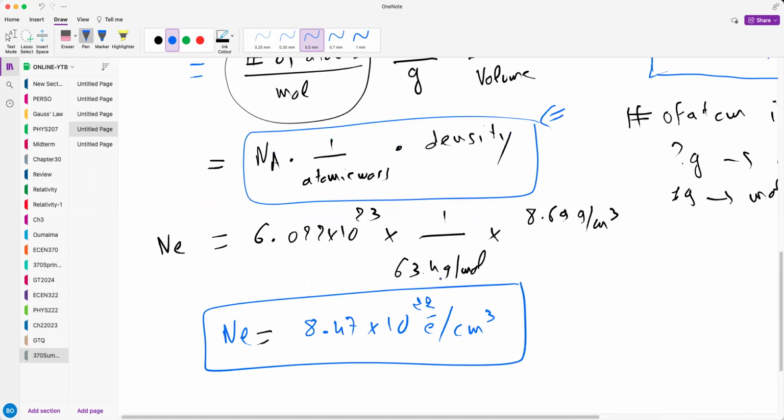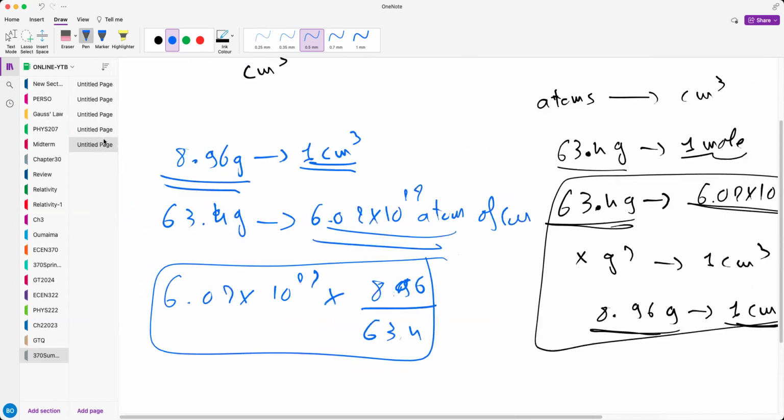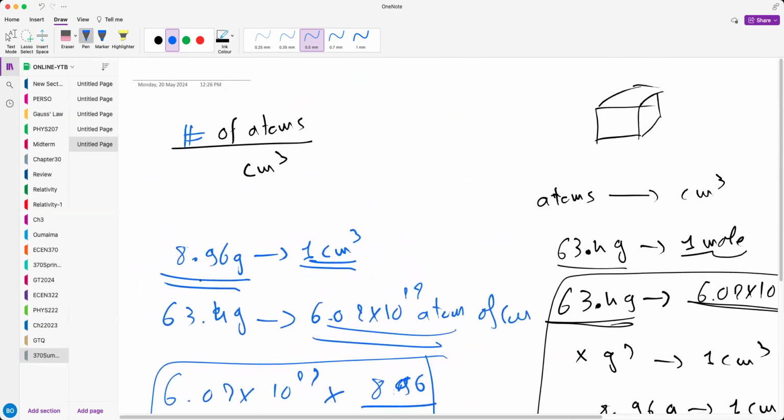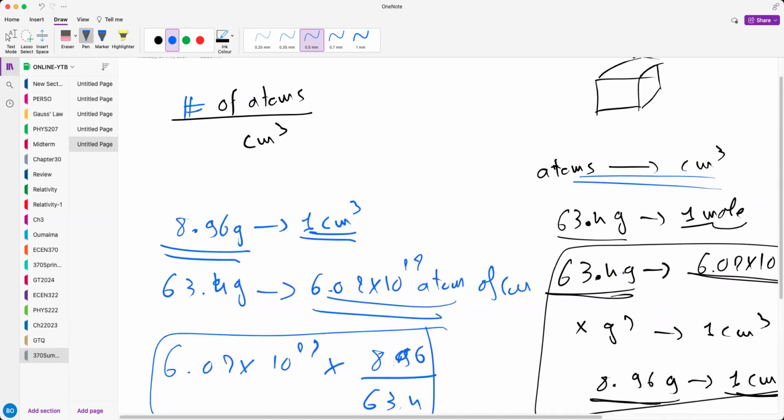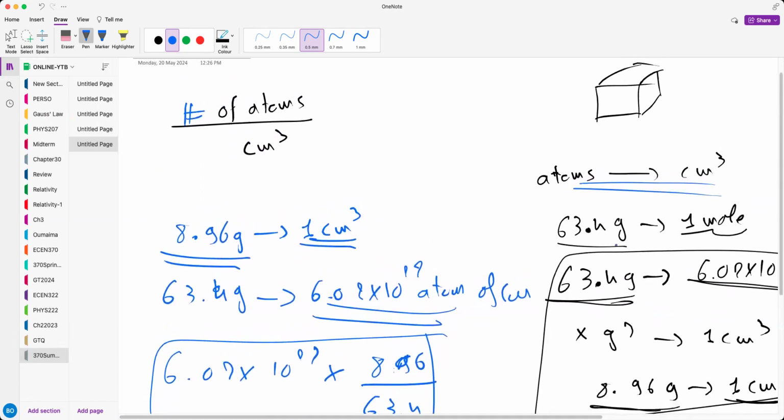You want to calculate the number of atoms in a cubic centimeter. You know that in 1 mole, you have 63 grams, which means that amount of atoms has a mass of 63 grams.